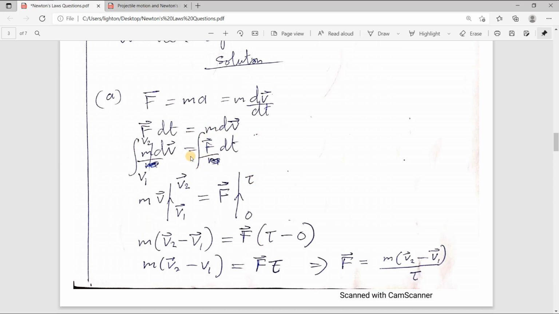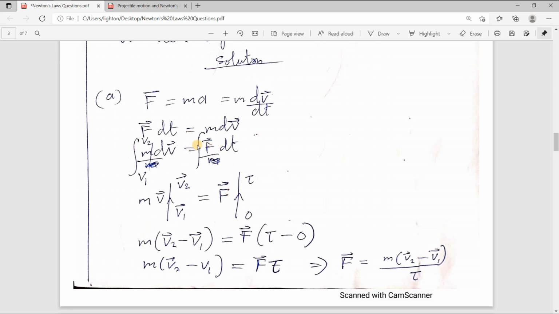Integrating this expression, we take m, a constant, out of the integral and integrate dv, which is just v, with the limits running from v1 to v2, being equal to F.